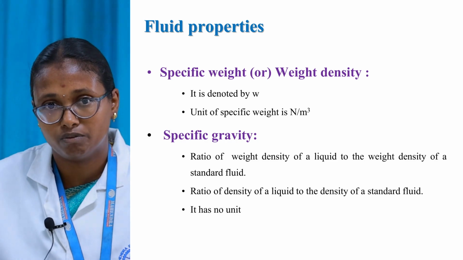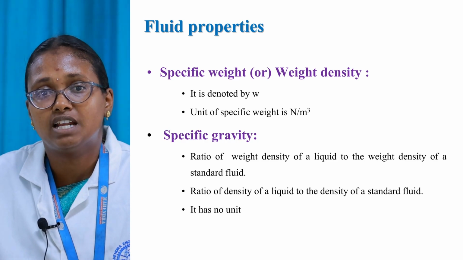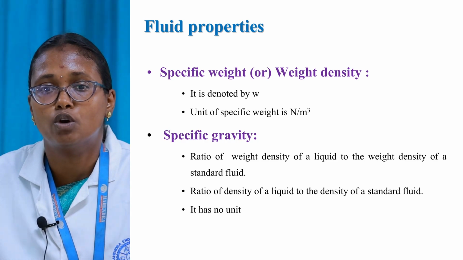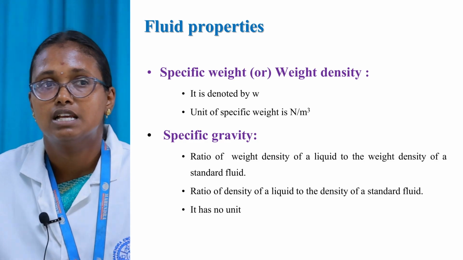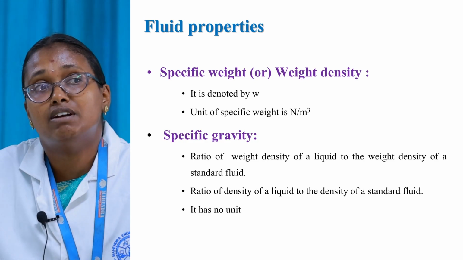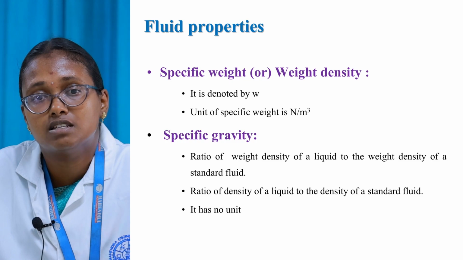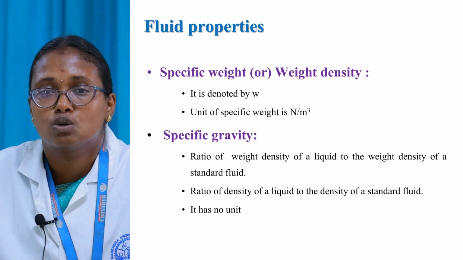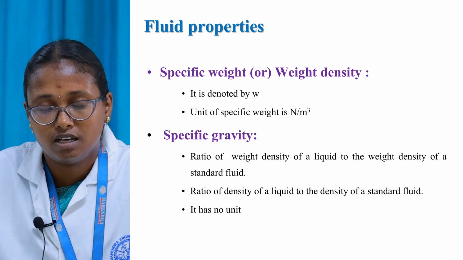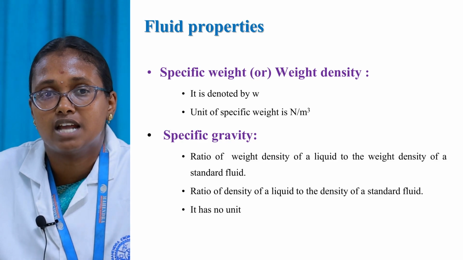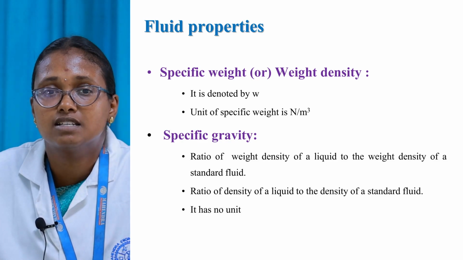For specific gravity, the fluid they are asking about is what we consider as the given fluid. Therefore it is the weight density of the given fluid by the weight density of the standard fluid. The standard fluid for liquid is water, as I already told, and the standard fluid for gases is air.